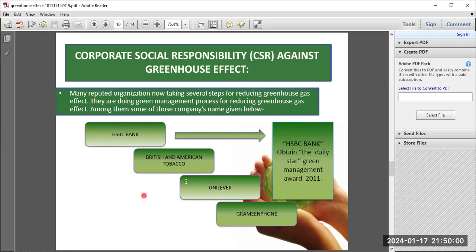The first is HSBC Bank, British American Tobacco, Unilever, Grameenphone, and HSBC Bank obtained the Daily Star Green Management Award in 2011.